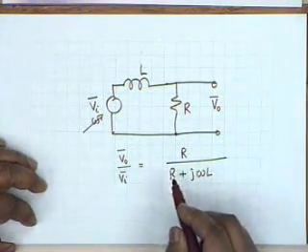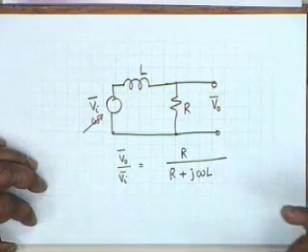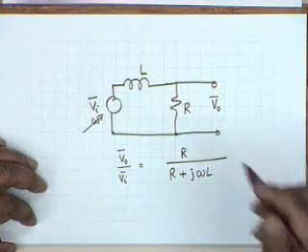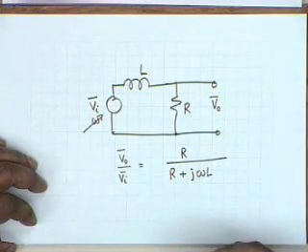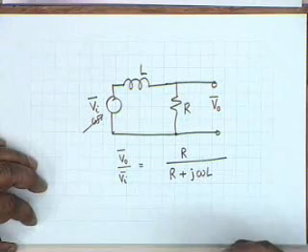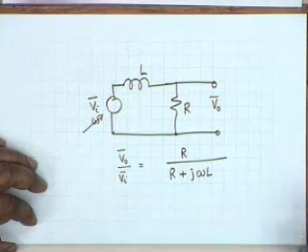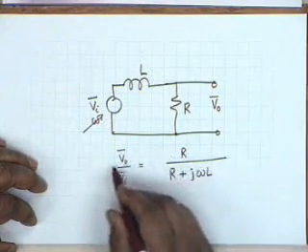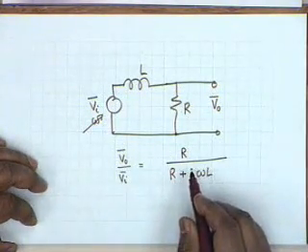A transfer function is the ratio of the desired quantity to the source quantity or the excitation. It could be current to voltage ratio or voltage to voltage ratio or voltage to current ratio or current to current ratio. Alright, so this is the expression for the voltage transfer function.